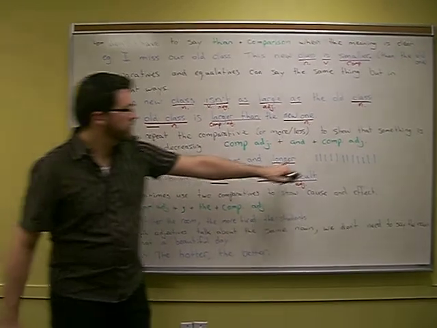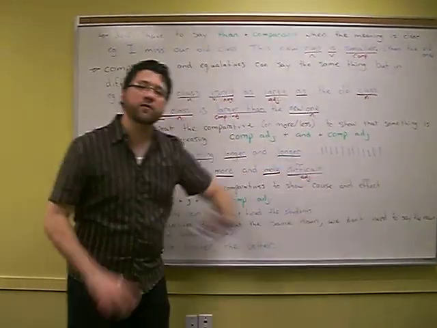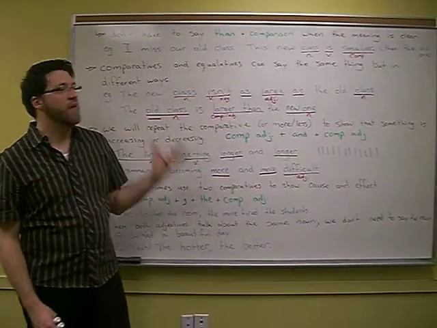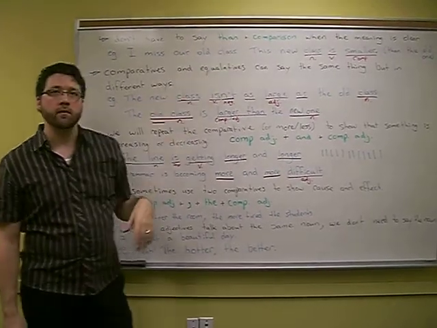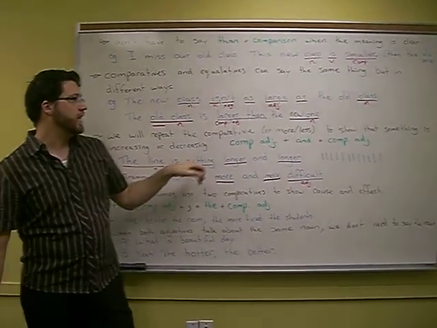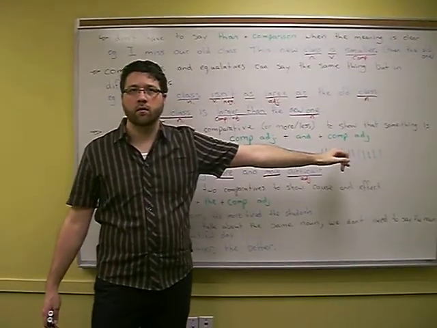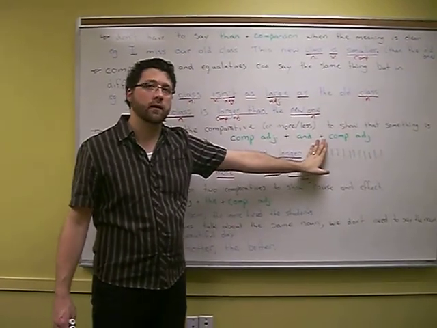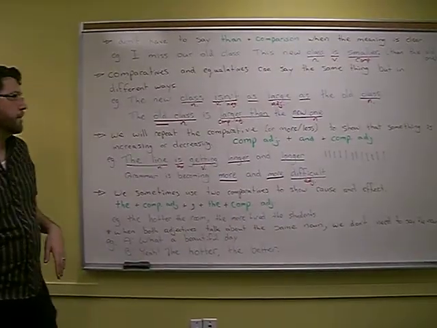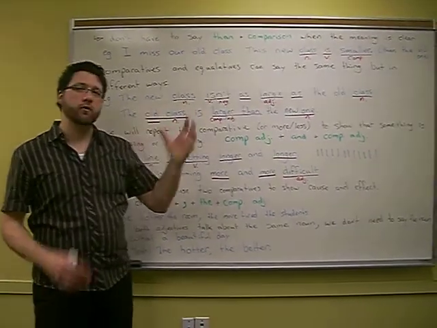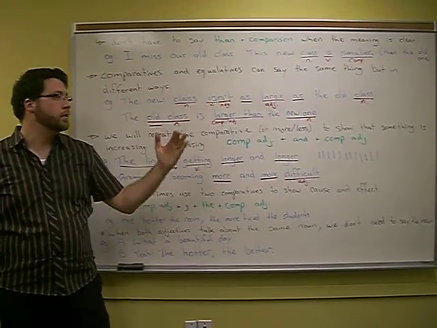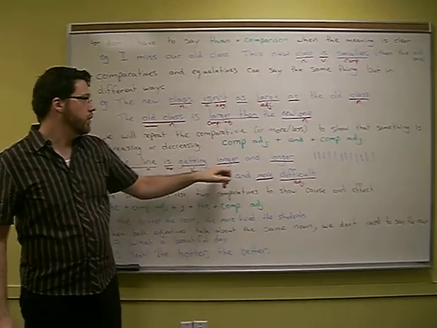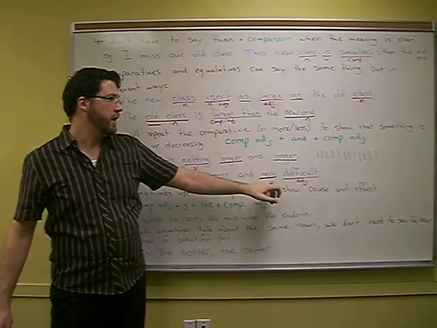You'll also notice we don't include than. We don't say the line is getting longer and longer than. Just longer and longer. So to show that something is increasing or decreasing, we repeat the comparative.